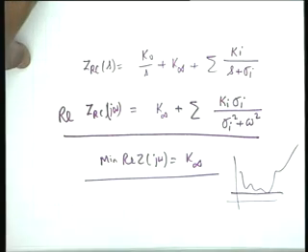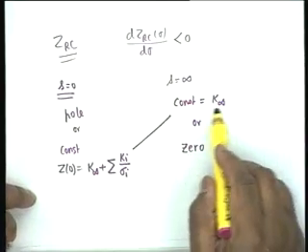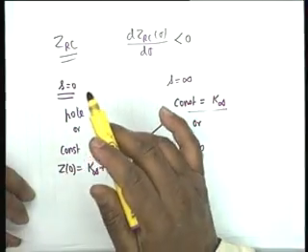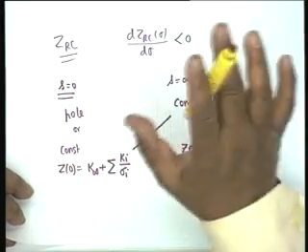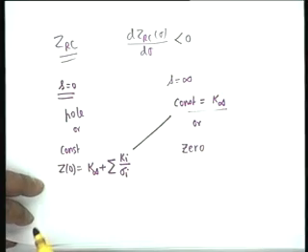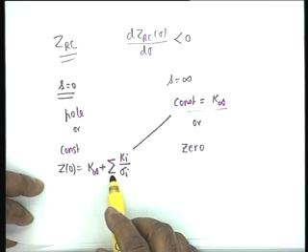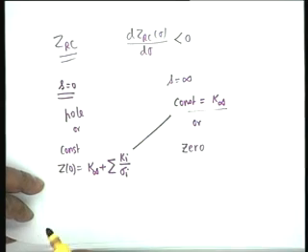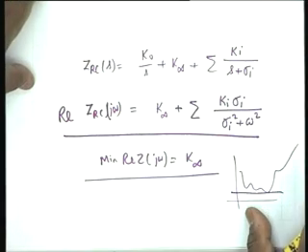I brought this in only to tell you that this constant at infinity can be removed easily, without destroying the positive real character of the function. But you cannot remove z0, because if you do that, then at some frequencies the real part would be negative. So let us look at a specific case.